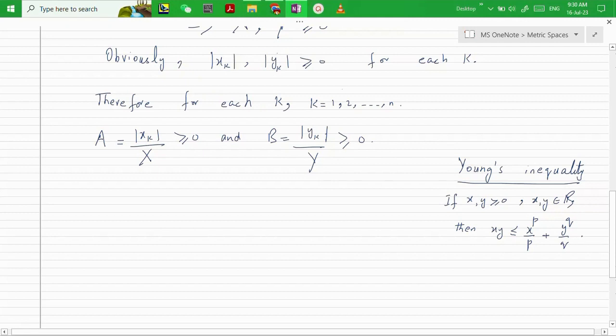This is our Young's inequality, with the same condition on p and q: p is greater than 1 and 1 by p plus 1 by q equals 1.